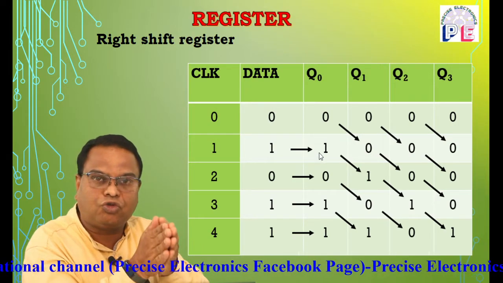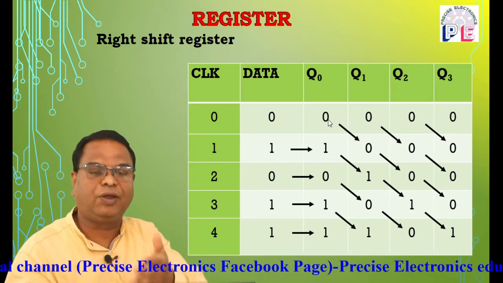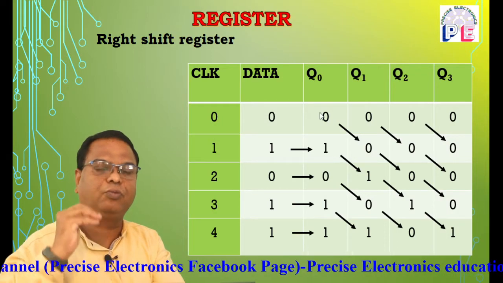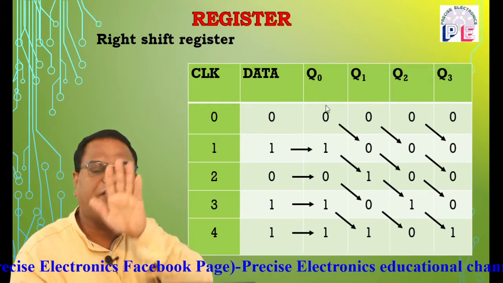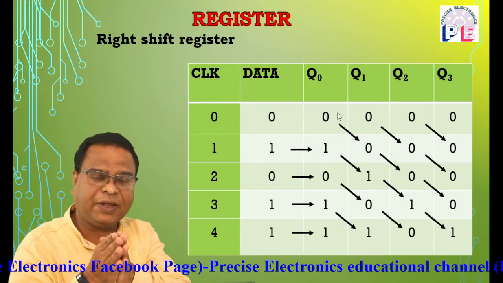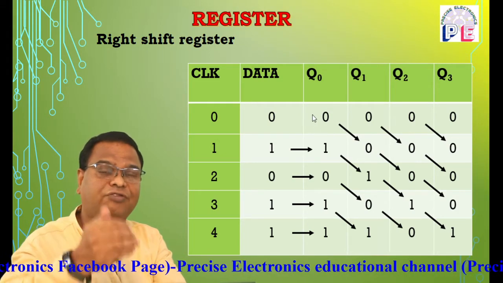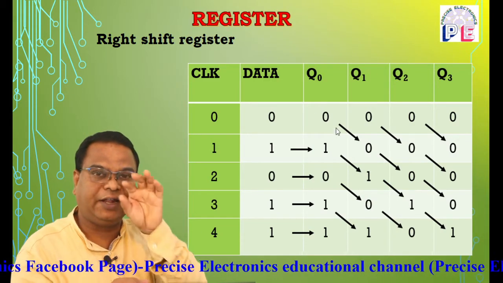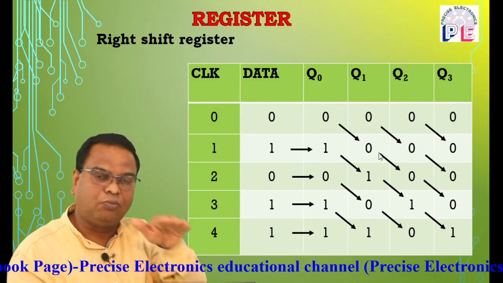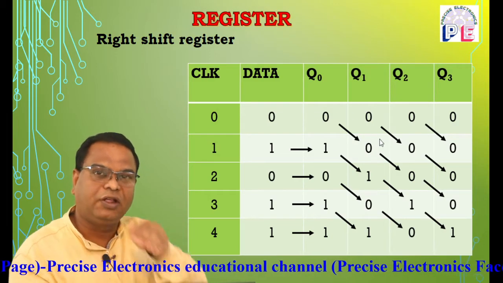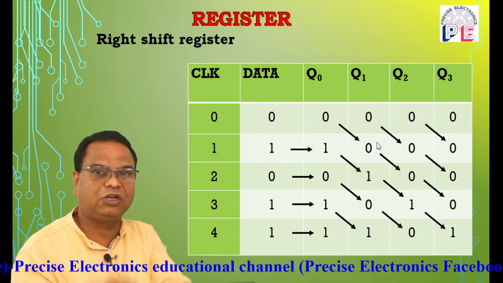So output of first flip flop goes to high level because the input is 1. At the same time, the data already stored in the first flip flop, Q0, that is 0, moves toward the next flip flop. That is given by the inclined downward arrow.